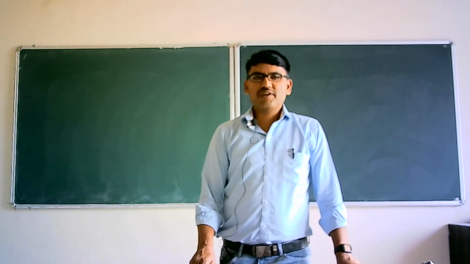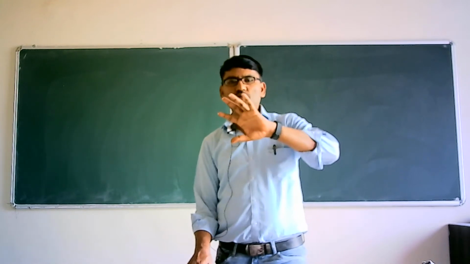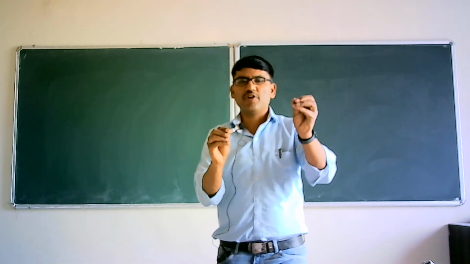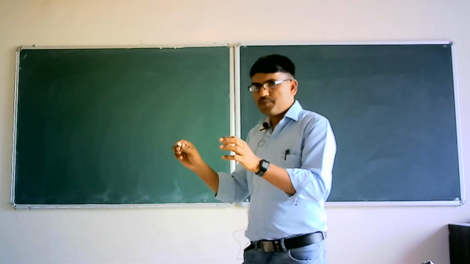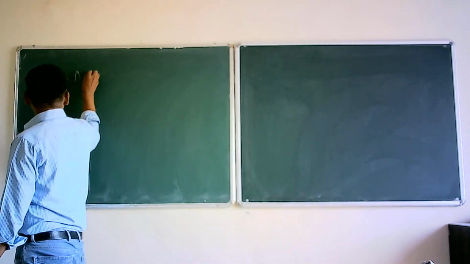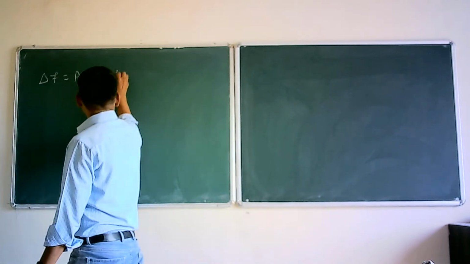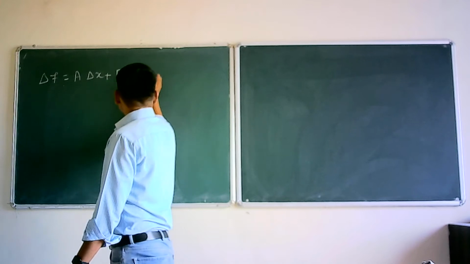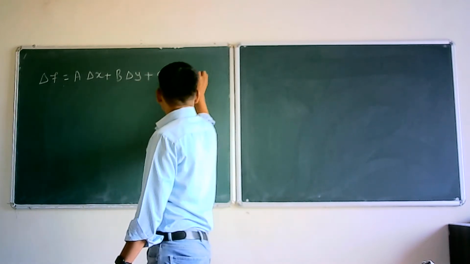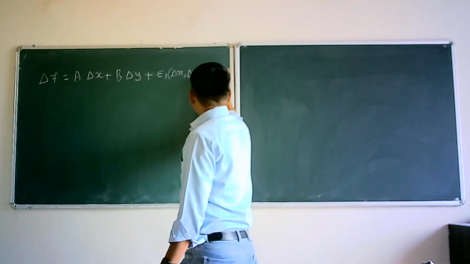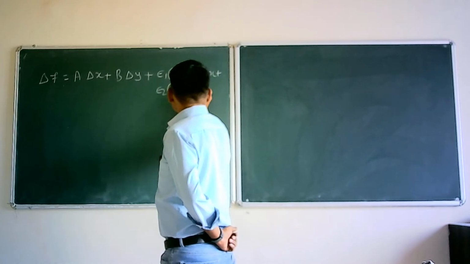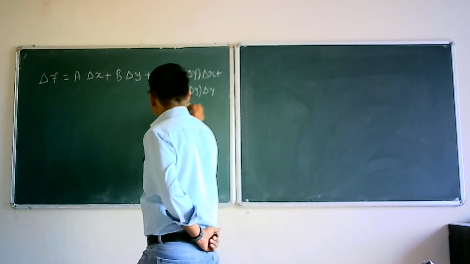Hello student, in the previous lecture we have seen how to check whether a given function f of x, y is differentiable at point x0, y0. That is, if your increment function del f can be expressed as a delta x plus b delta y plus epsilon 1 delta x delta y into delta x plus epsilon 2 delta x delta y into delta y.